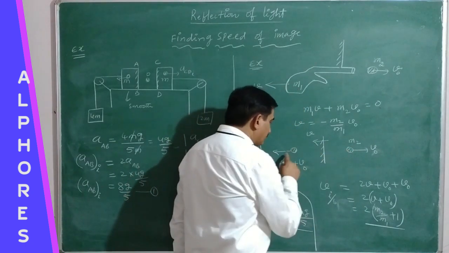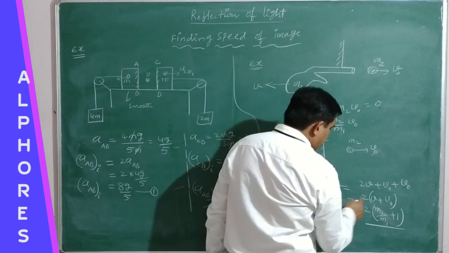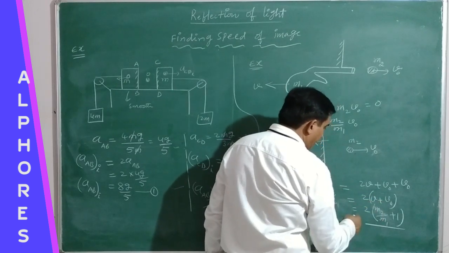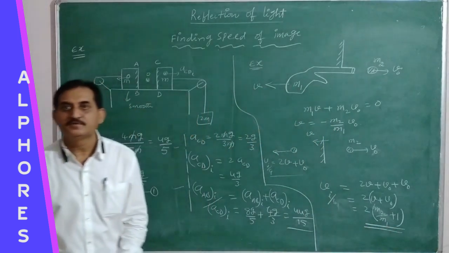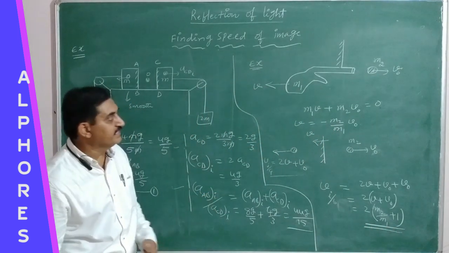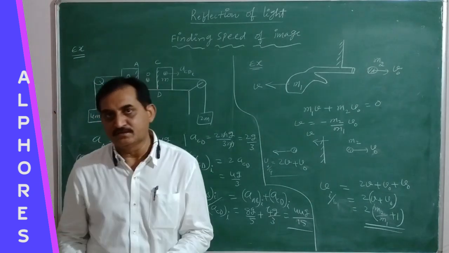Therefore, according to relative motion, they will add up again. Then the final speed will be 2 of v plus v0, and by substituting this value of v, you will get the final answer. So this is the way to understand how we can solve the problem related to the speed of the image formed by a plane mirror. Okay.